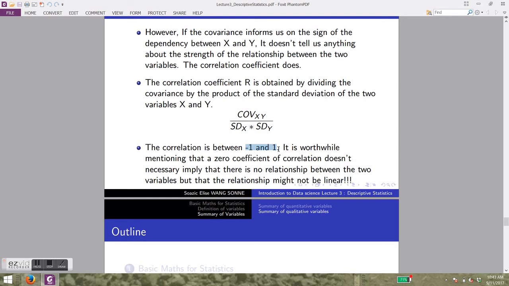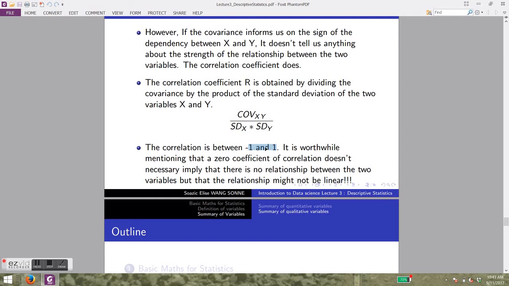And it is worthwhile to mention that the closer the correlation coefficient is to 1, it means the linear relationship is strong, right? So this is very important to know how to interpret. If you have a correlation coefficient which is close to 1, it means the relationship between x and y is strong enough.